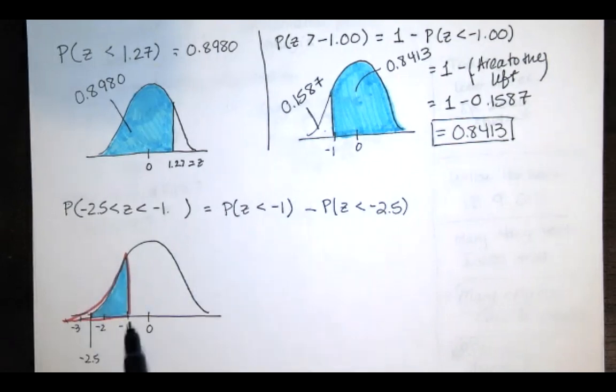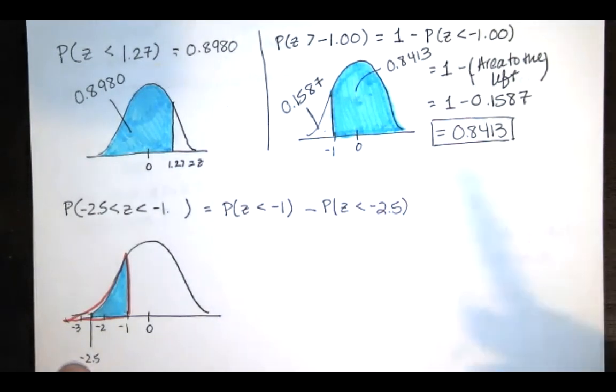I want this larger area, which is the probability to the left of -1, minus the smaller area, which is the probability corresponding to the area to the left of -2.5. So I just need this and this. We can look both of those up in the table if we want to. So let's try it that way.